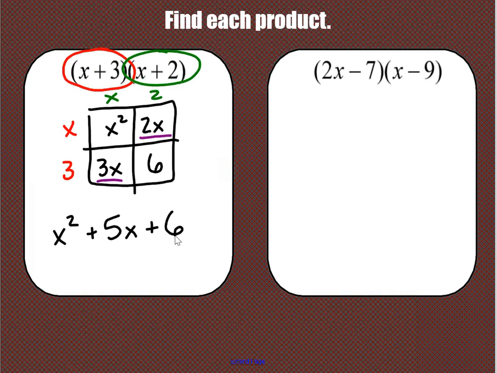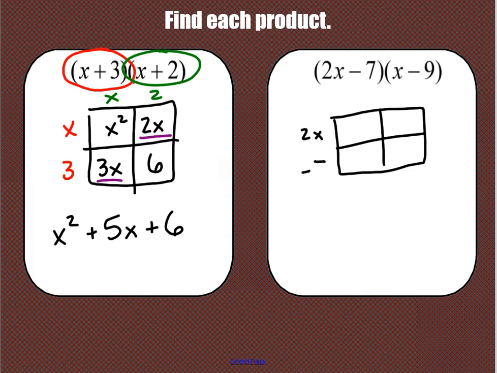This next one, I still, once again, have a binomial multiplying another binomial. So I'm going to go ahead and do a 2 by 2 box right there. I have 2x and negative 7. I have x and negative 9. 2x times x is going to be 2x squared. x times negative 7 is going to be negative 7x. 2x times negative 9 is going to be negative 18x in that box.